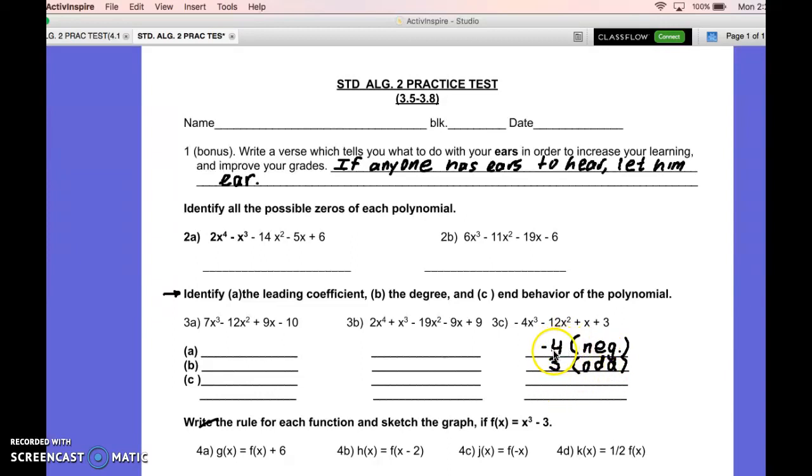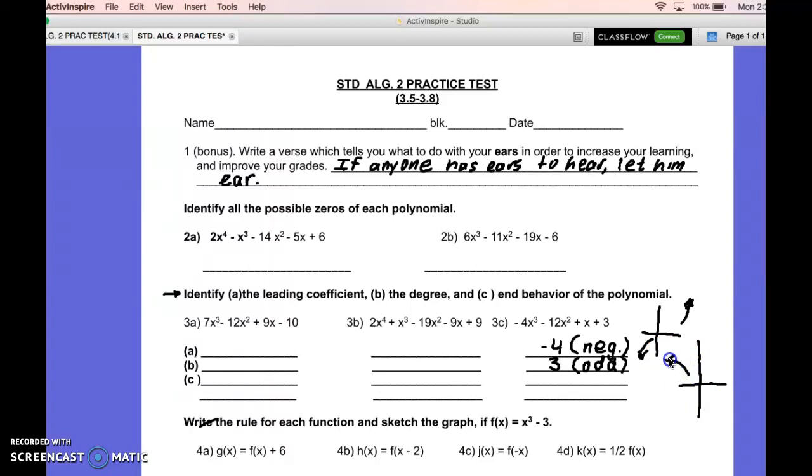We have a negative leading coefficient and an odd degree polynomial. So it's either going to go this way or it's going to go this way, because odd means one is increasing at one end and decreasing at the other end.